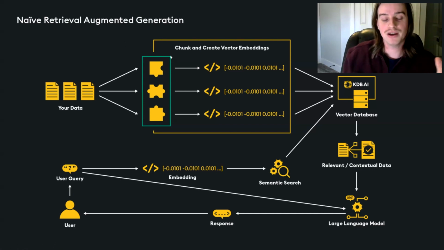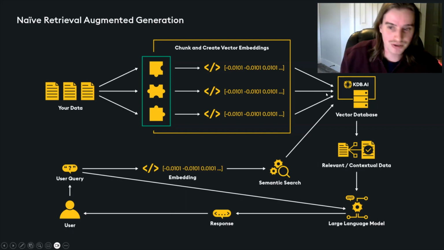But anyways, once we do that chunking, we send all these chunks separately through our embedding models to get our vector embeddings, and then store these embeddings in our vector database. At this point, you have a vector database full of vectors that represent your data.